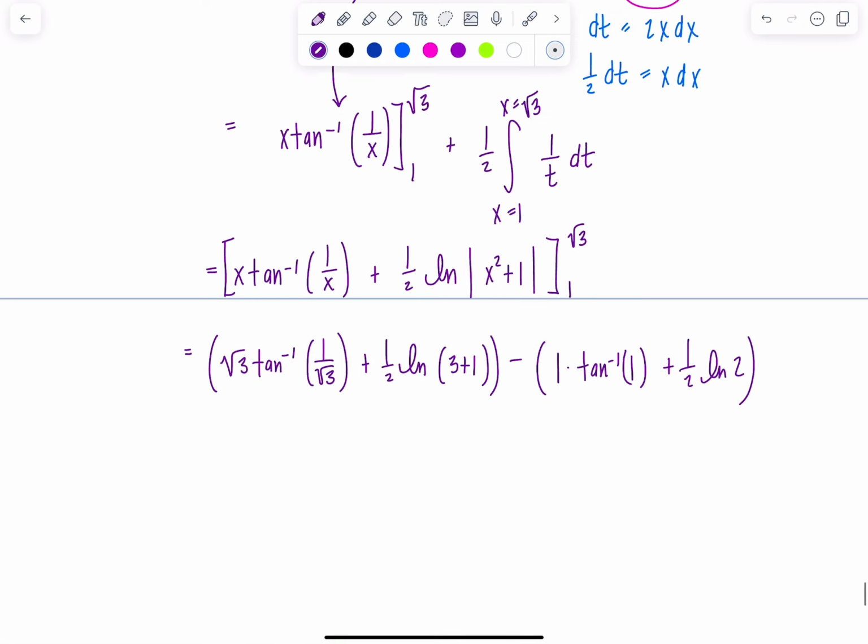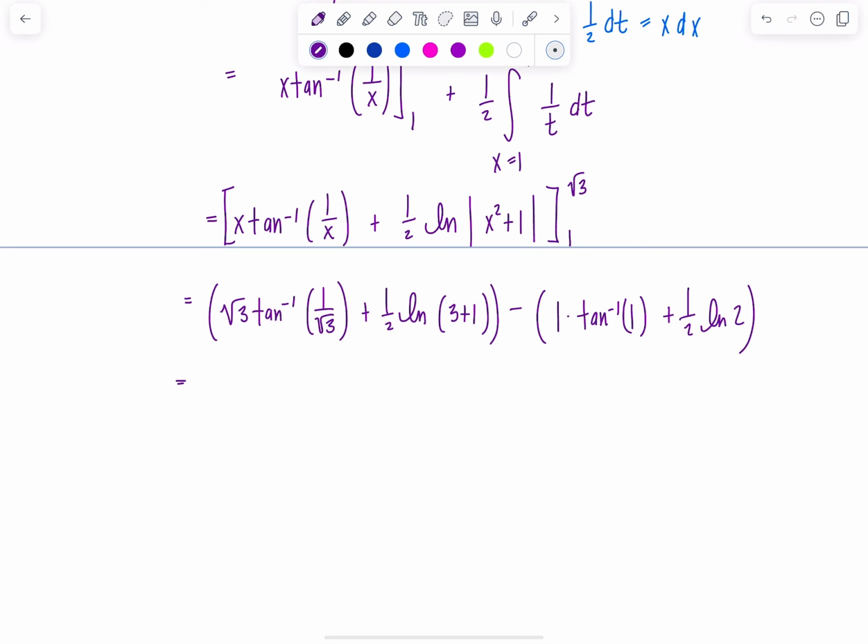Okay, fabulous. Now let's see. Rad 3, do you know what tan inverse of 1 over rad 3 is? I just think to myself, what angle has a tangent of 1 over rad 3? That means sine was 1/2, cosine was rad 3 over 2. That happens at pi over 6.